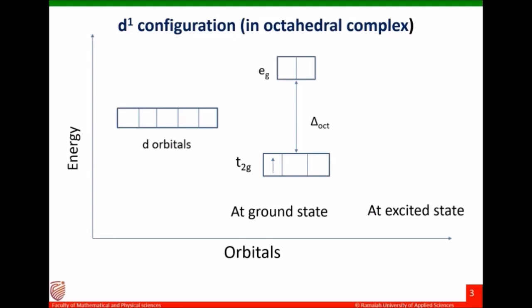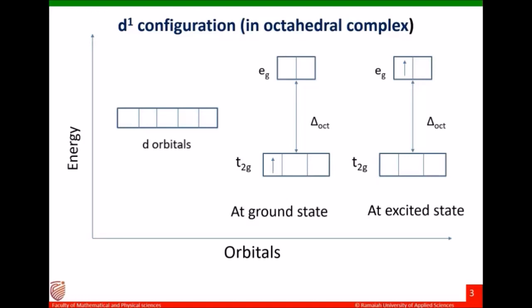But if you pass light or radiation through this complex, then this electron will absorb energy from the given radiation, and that energy will be utilized for the excitation of that electron from T2G to EG. Here you can see at ground state the electron was in T2G.